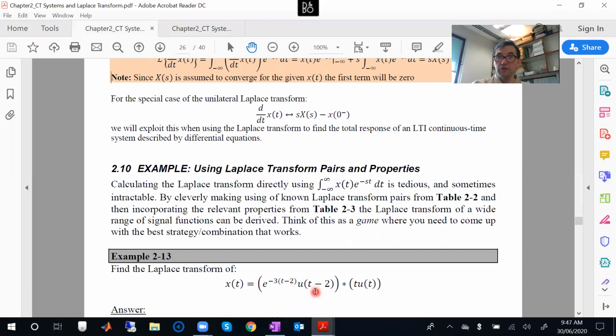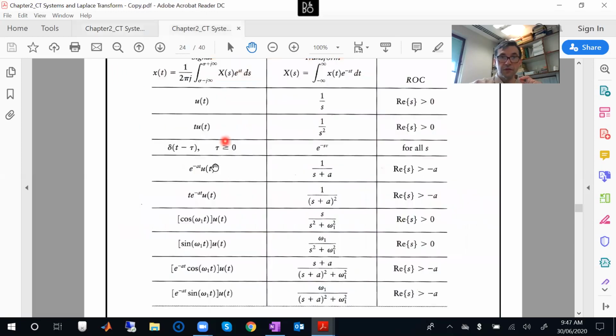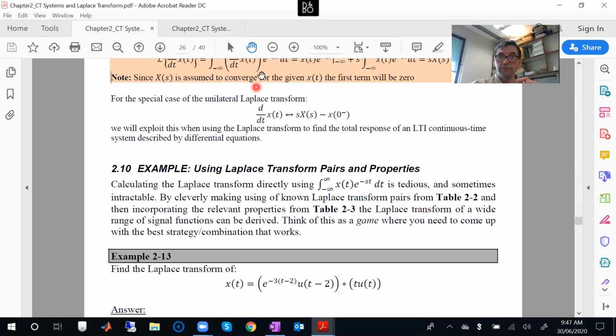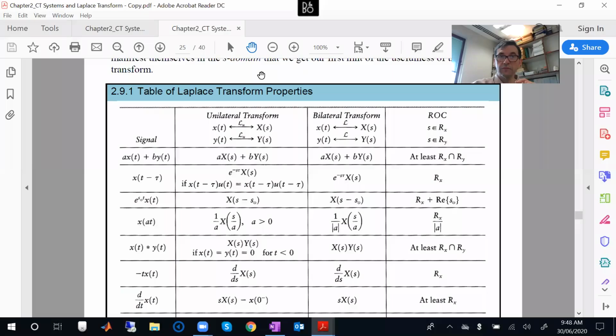So this is actually subject to a pair, which is this one, and a property, which is this one, because you've shifted it. So we've identified the properties. There's a convolution property in play. There's a shift property in play. And we've identified 2 pairs.